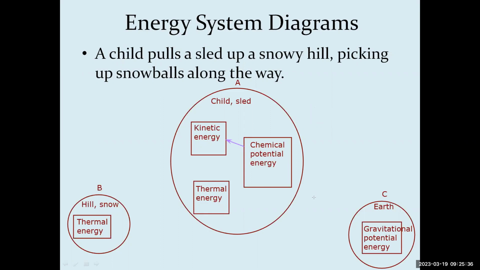So I'm going to use a big arrow to represent the transfer of energy. And I should probably label some of these arrows here with the kind of thing that is happening, right? So this is kinetic to gravitational potential. Let's write this out in words. Kinetic to gravitational potential.